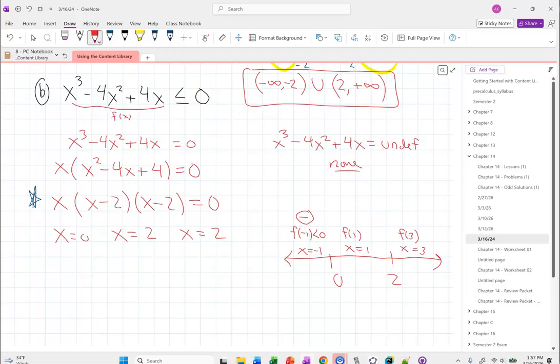If I plug 1 in, I get a positive, negative, negative, overall positive. Good. If I plug 3 in, I get all positives, overall positive.